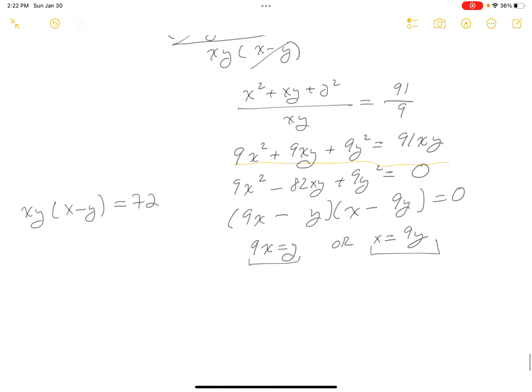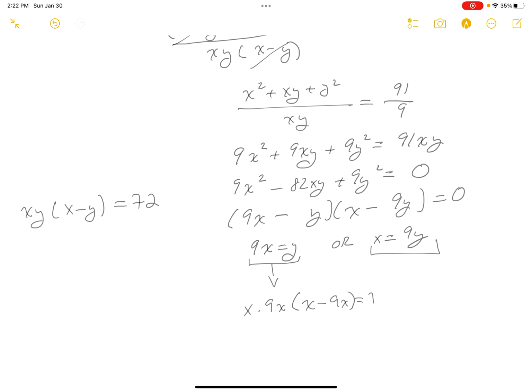So let's try the first one. All right, I'm going to try this over here. So what do I write down? I'd write down x times y. What's y? Well, y is just 9x for this problem here, right? And then what are you left off with? x minus y. And what's y? It's 9x.